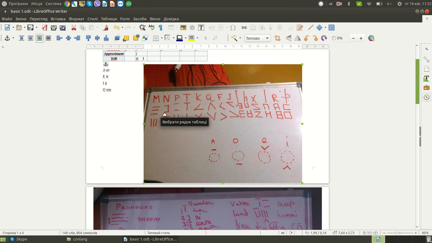The upper row is normal consonants, and the lower row is geminated ones, like doubled m, and so on.